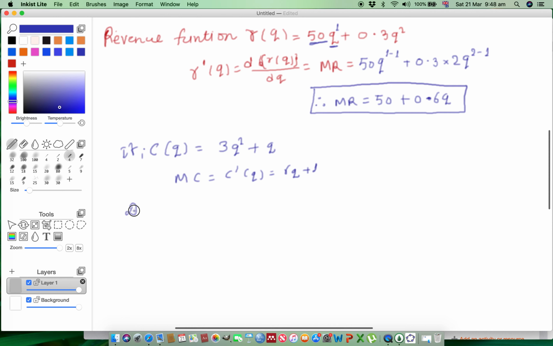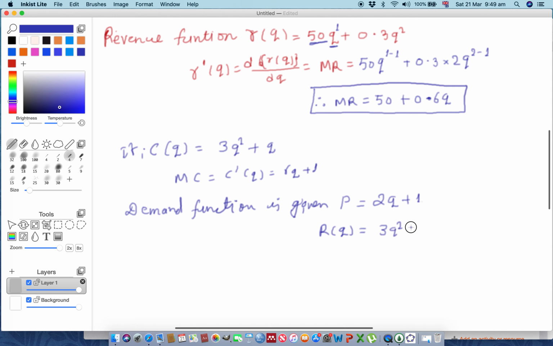And if a demand function is given, as p is equal to 2q plus 1, and the revenue function is 3q square plus 1, then what can be the profit function?